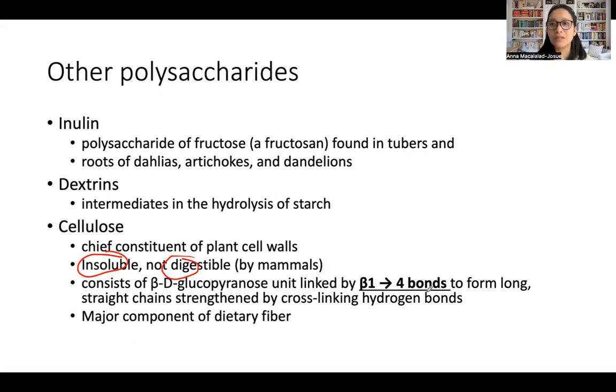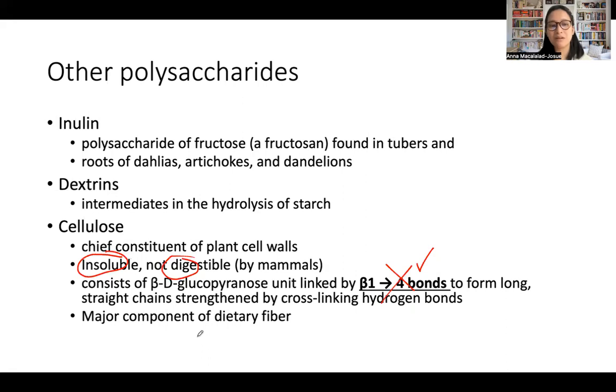Unfortunately, mammals like us, except for cows and other ruminant animals, we don't have the enzyme that is capable of breaking down the beta-1,4 bonds in cellulose. That's why it's not digestible by us. And it is a major component of dietary fiber.